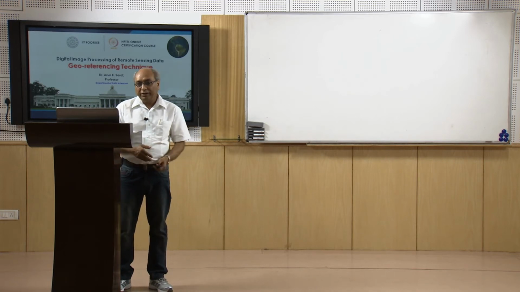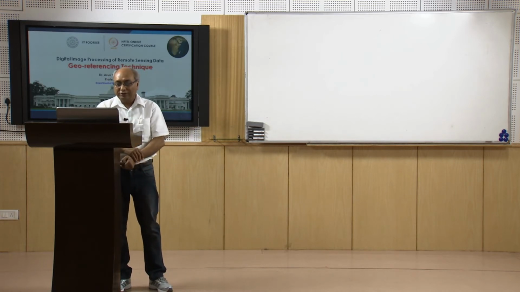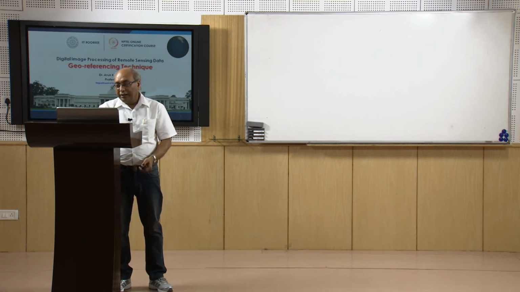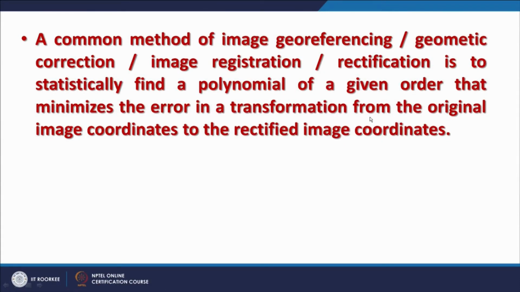Polynomial equations we have studied in our school days. These are now going to be used, of a given order depending on the distortion, that minimizes the errors in a transformation from the original image coordinates to rectified image coordinates.